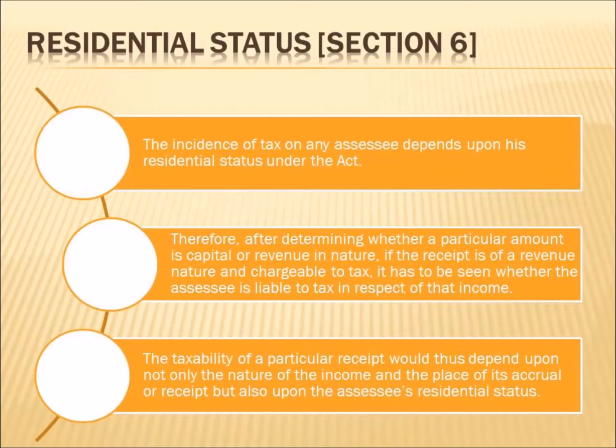It may so happen that the income is revenue in nature and it is taxable, but the residential status of the assessee is such which will not make him liable to pay tax in respect of that income. So, the determination of residential status plays a very vital role in determining the income tax payable by any assessee.